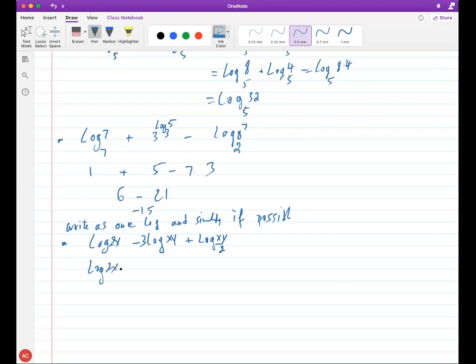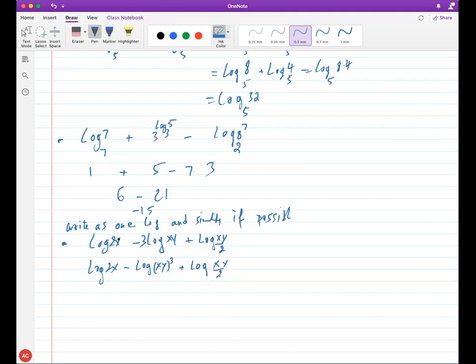So before we combine them, let's move the 3 up to the power. Make sure you use parentheses here because it's going to be power to whatever is inside, not just one of them. It's going to be on both. Plus log of xy to the 2.